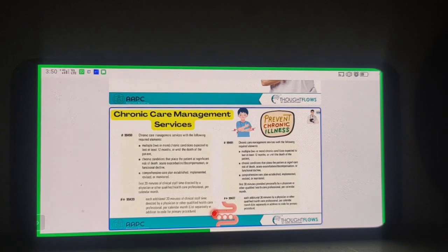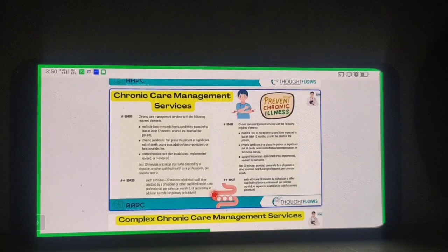Then 99491 and 99437 are the services given by the doctors. Okay, guys, please listen. 99490 and 99439 are services provided by clinical staff.